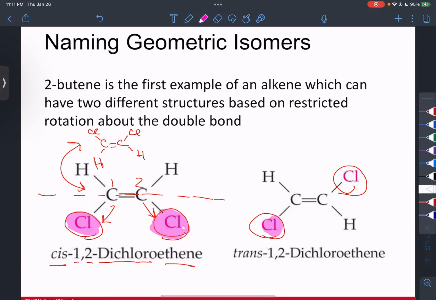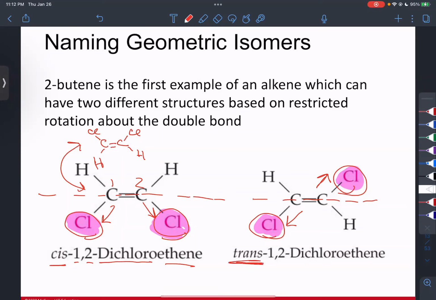We're comparing our chlorines. Where are our chlorines? Now, oh my gosh, this is the plane of the molecule. I can see that one of these chlorines is going up, one of these chlorines is going down. And so that gives you the opposite. That's what trans kind of means, is opposite.